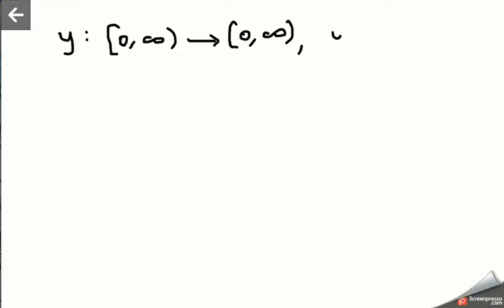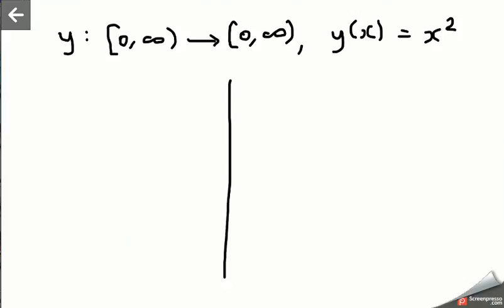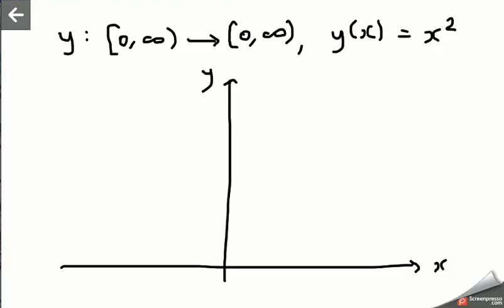So our function y takes 0, infinity to 0, infinity, and it's defined by y of x equals x squared, and its graph looks like this. I don't really know why I included the other half. I didn't need to. Okay, so this function is invertible now.